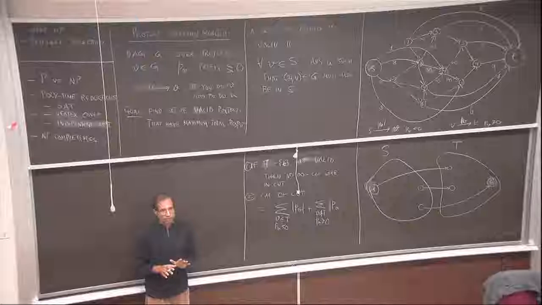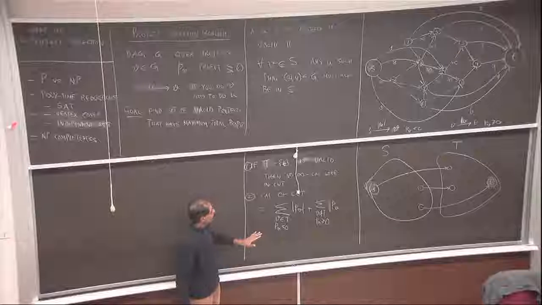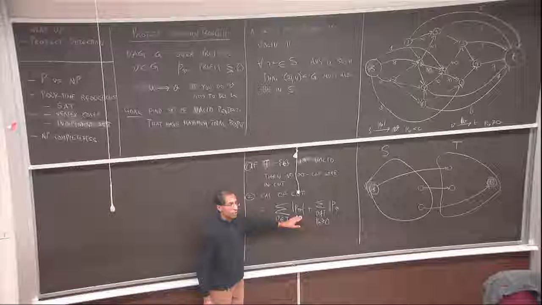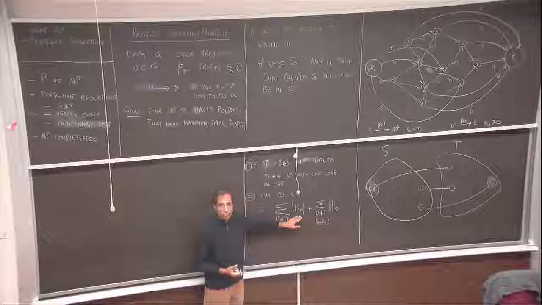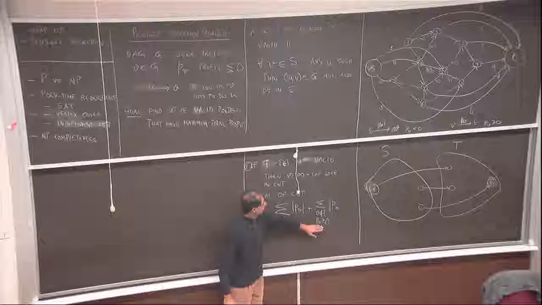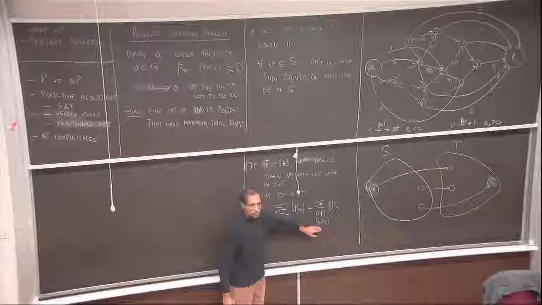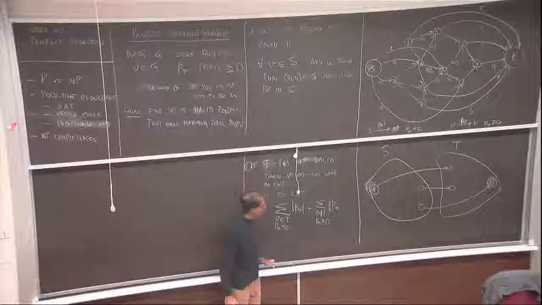Is that completely clear? All projects in T that have negative profit, and I have to consider not their profit but their absolute value of the profit, and all things not in T that have positive. Okay?